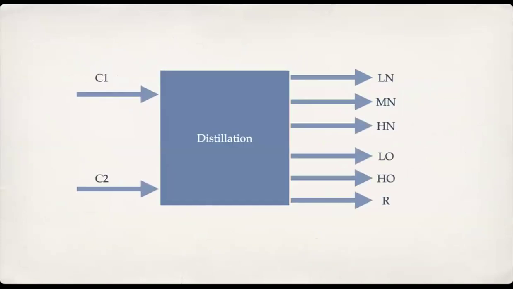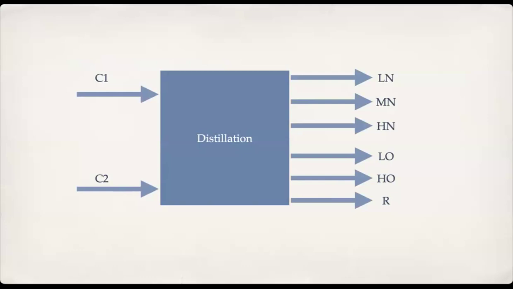We have the distillation process, the reformer, and the cracker, and finally blending. For distillation, we receive C1 and C2, which are different types of crude oil.